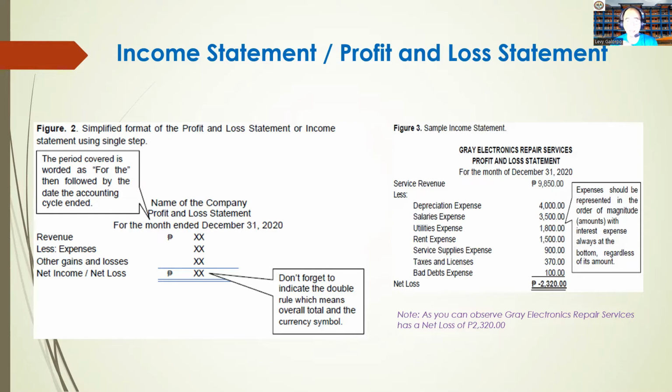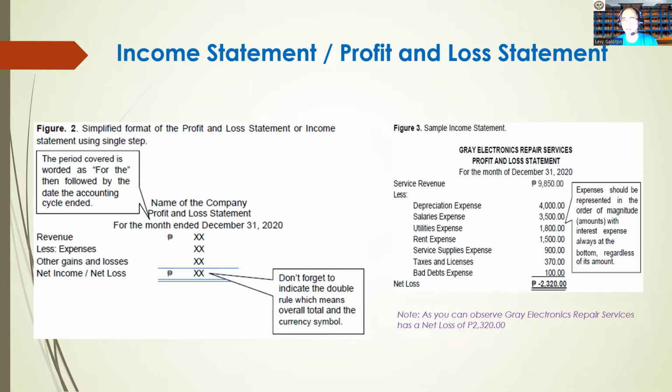So, yung month na yan yung period ng business operation na ating ginagawan ngayon ng financial statement. So, makikita nyo rito yung revenues o yung mga income natin, less expenses, yung mga ginastos natin, equals, it's either net income or net loss. Net income pag mas malaki yung revenue, net loss naman pag mas malaki naman ang mga expenses.